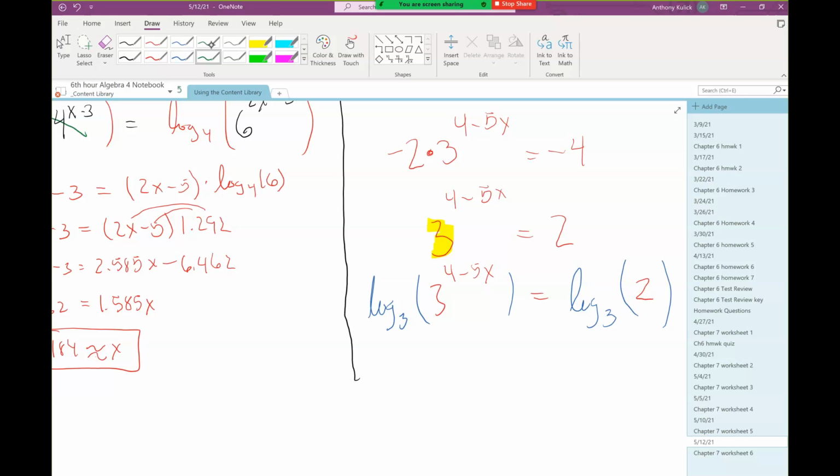And the reason we wanted to use log base 3 here is because we know the log base 3 cancels exponent base 3.